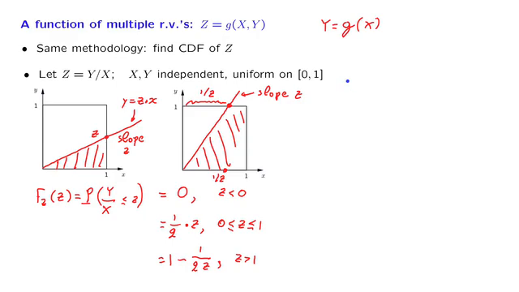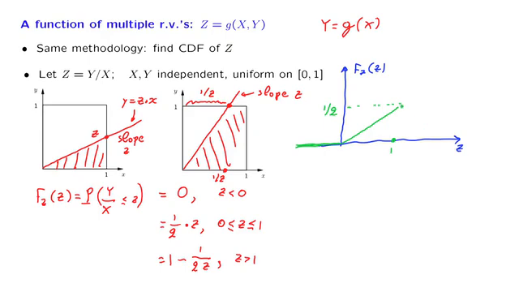We can draw the CDF. And the picture is as follows. For z negative, the CDF is equal to 0. For z between 0 and 1, the CDF rises linearly at a slope of 1/2, and so when z is equal to 1, the CDF has risen to a value of 1/2.